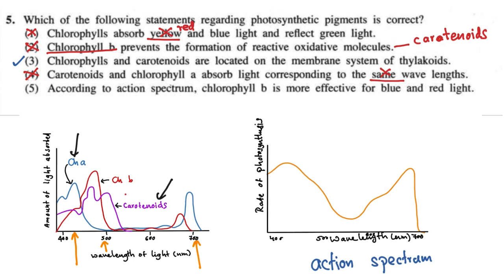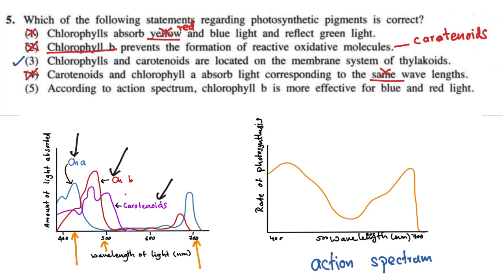In the absorption spectrum, the red line is the chlorophyll B. We can say its amount of light absorbed is high near 500 and near 700 nanometers.